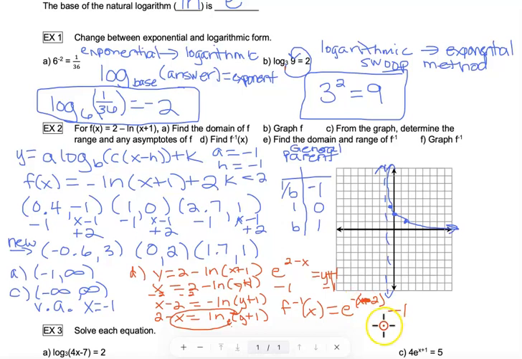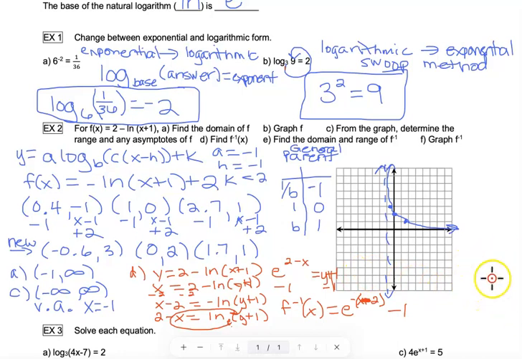If I factor the -1 out, then I can see I've got a right shift, and I've also got the reflection over the y-axis. So for my exponential here, I know that I'm going to be multiplying the x's by -1. I also see that I'm going to have a right shift there, and I'm going to subtract 1 from the y coordinates.